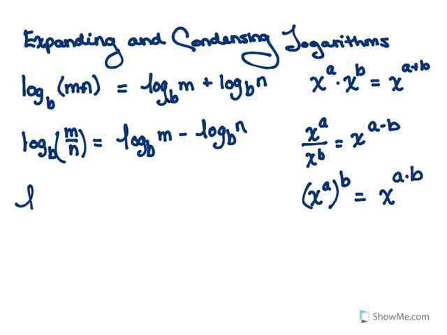So if I have log base b of x to the n, what happens is I bring that exponent to the front. All right, so those are our quick review of our basic logarithmic properties.